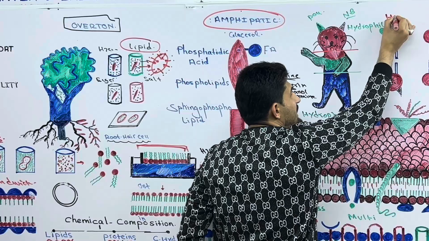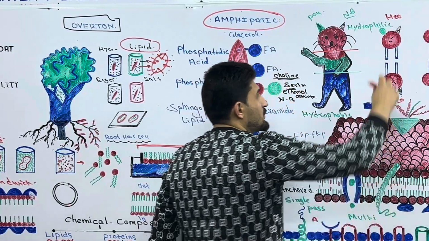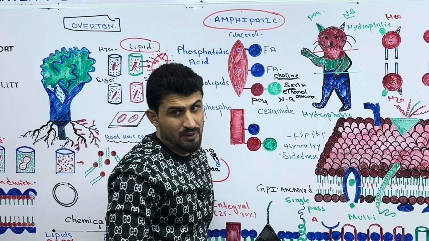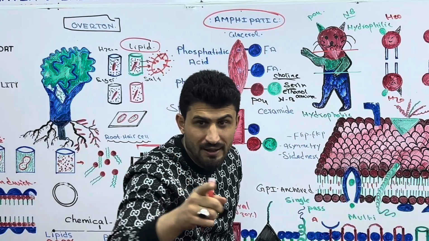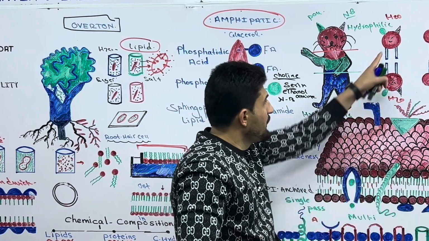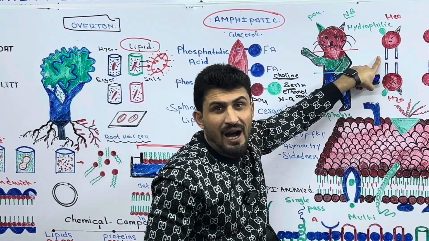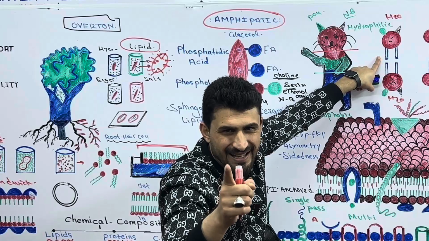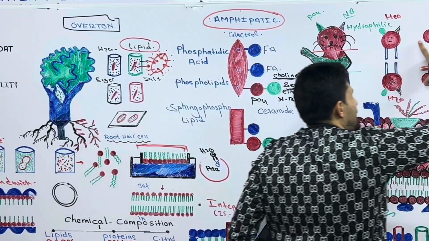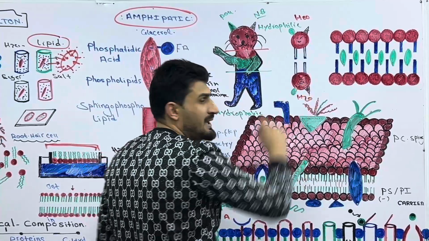For example, outside of the cell we have water, and inside of the cell we have water, so they face the water because they are hydrophilic, and the tail parts are trying to face the middle part of the cell membrane, and they are hydrophobic. Okay, so this is the net arrangement of phospholipids in a cell membrane.